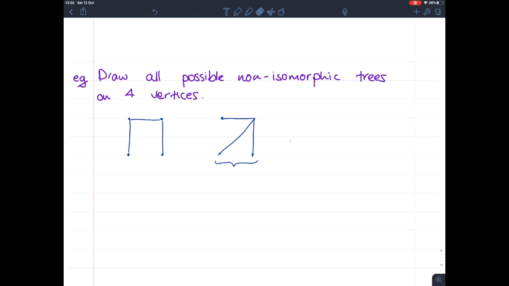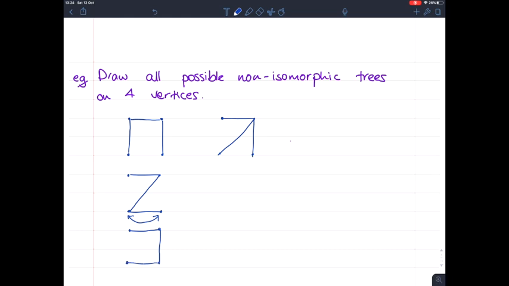Let's think about, are there any others that we could do? Well, things that you might be tempted to think about would be something like this. But notice, if I switch these two vertices, then I end up with the graph that we had above.